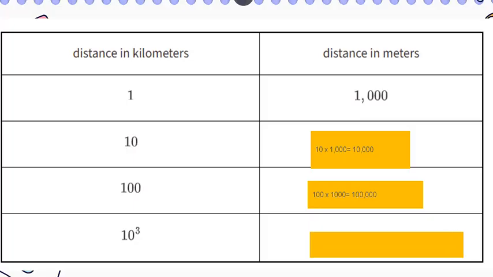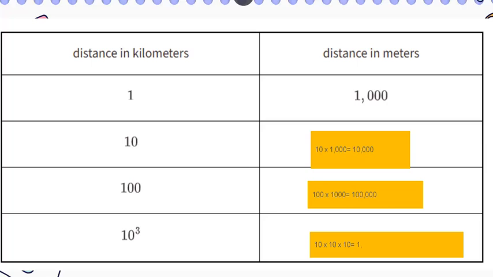Now this one says 10 to the third. Well, what does 10 to the third mean? In our last lesson, we learned that 10 to the third means we need to write 10, that's basically saying 10 times 10 times 10. Well, what does that equal?